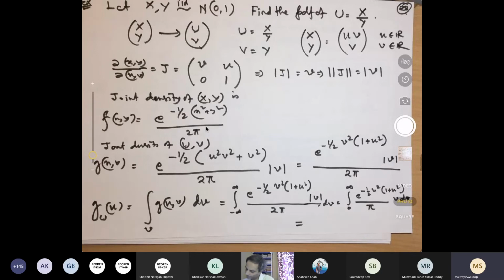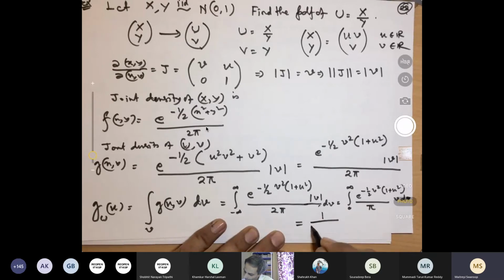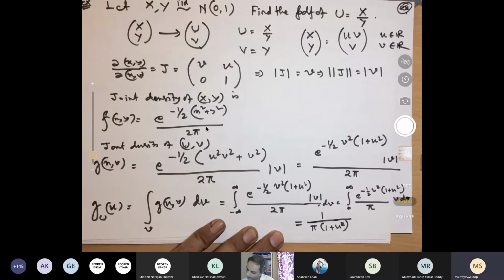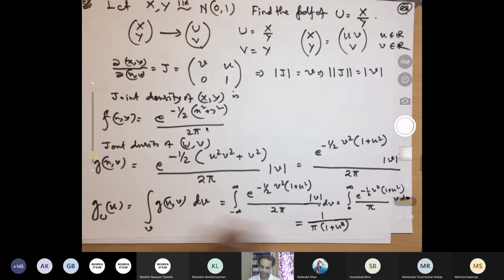So it will be 1 upon pi into 1 by u square plus 1. 1 by u square, right? Yes, sir. So can you identify the distribution?